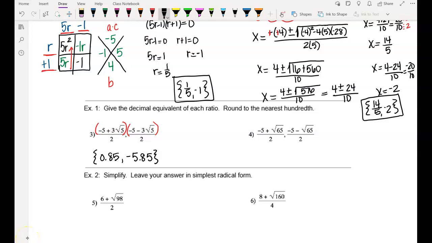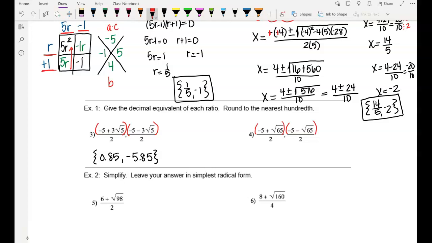All right, so again, as we're learning, different calculators work in different ways, but the key is whatever's in the numerator needs to be in parentheses for that order of operations to be handled correctly. So here I have -5 plus the square root of 65. And then I want to divide that by 2.